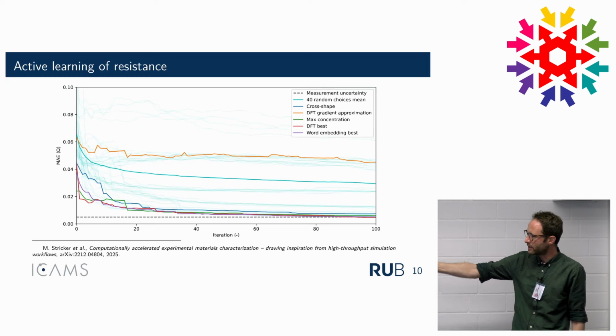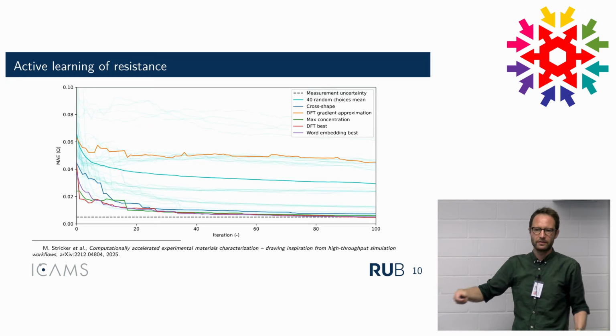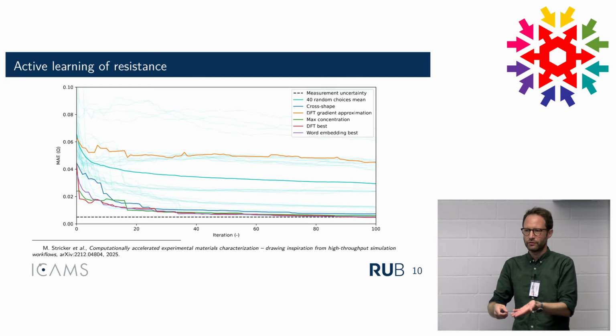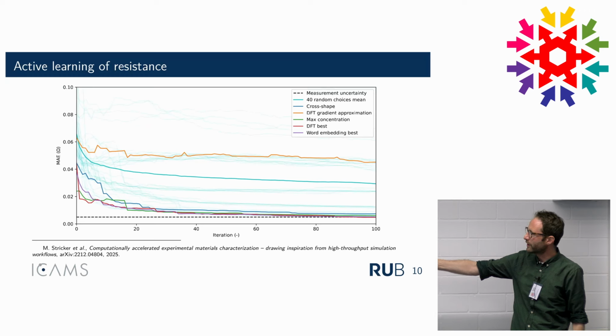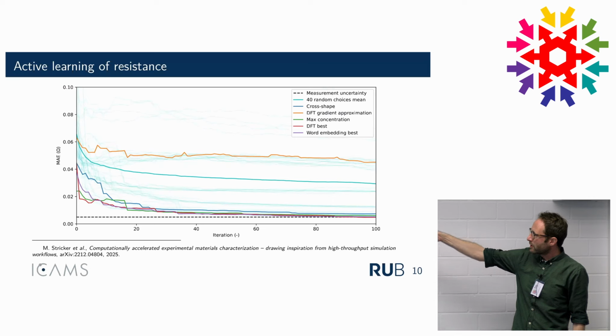So what you see here is the mean absolute error as a function of the iterations, which means the number of measurement points. The greenish line here in the middle is sort of a baseline, which means you take 40 random initializations of the actual sample, and then you see how fast it converges, and then you average all of those. You see the faint green lines in the back, which are the individual tests. If we try to approximate this gradient based on this DFT correlation, we essentially have no convergence.